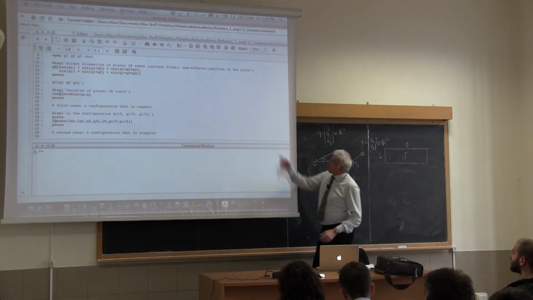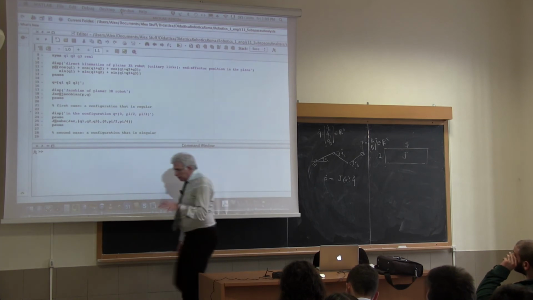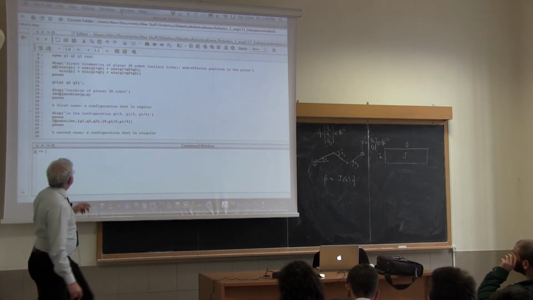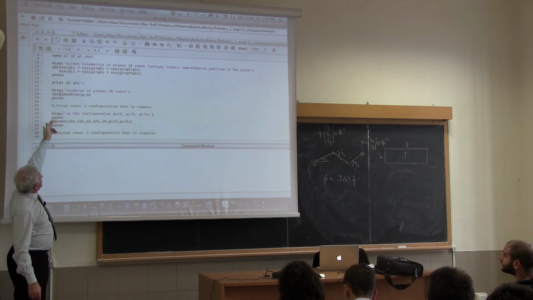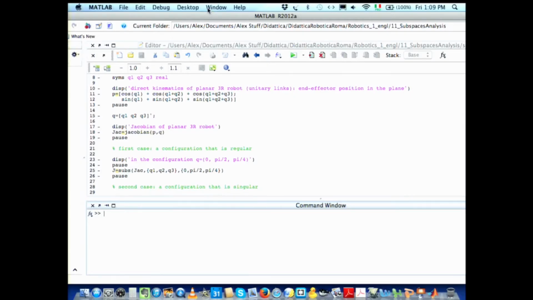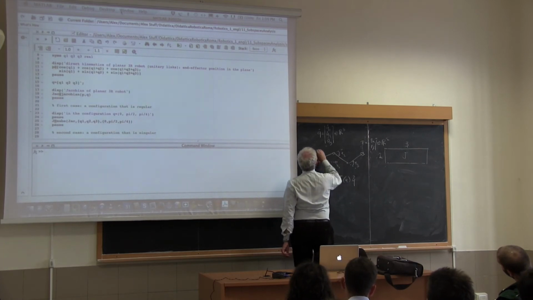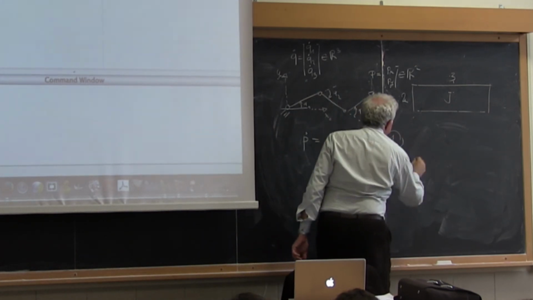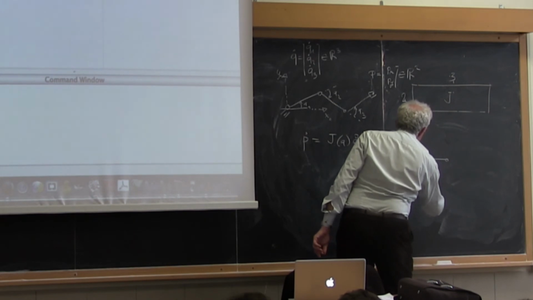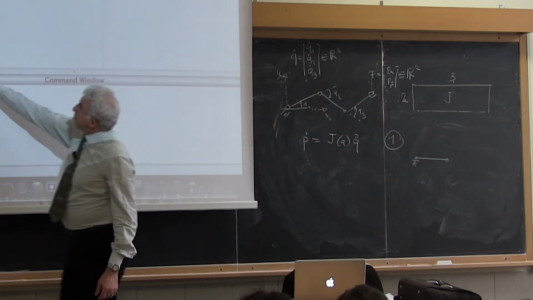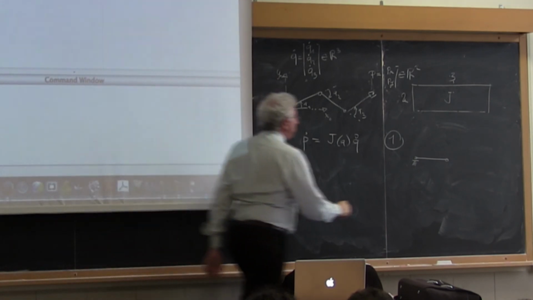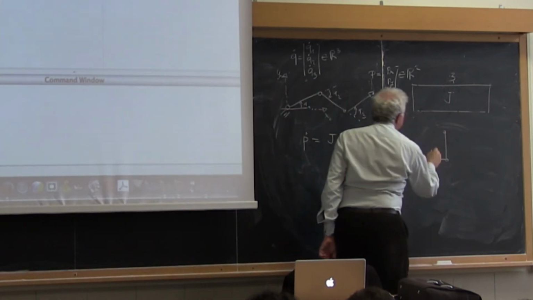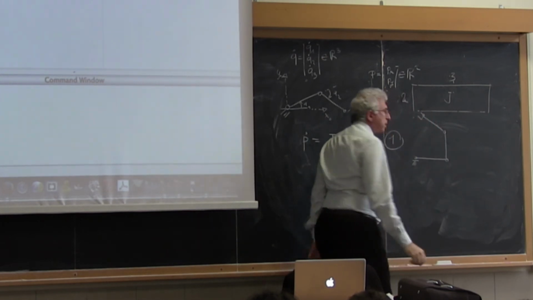Then I select a configuration, and we will see a first case when I take this configuration, 0, pi over 2, pi over 4, which means that if this is x0, y0, this robot in the first case is straight, then this is pi over 2, and then pi over 4 is in this configuration.